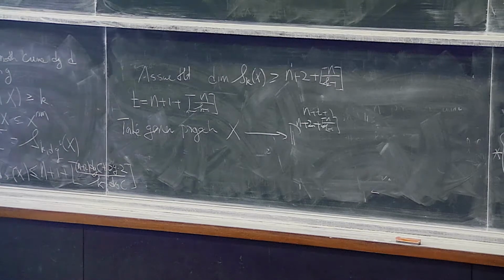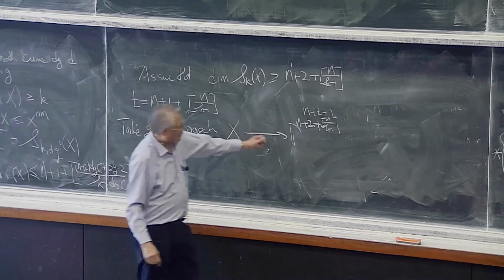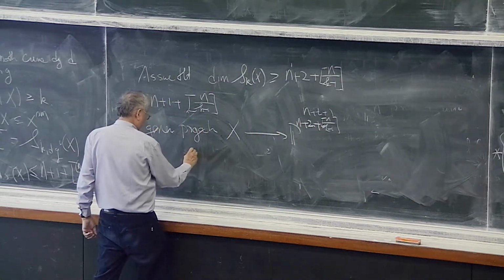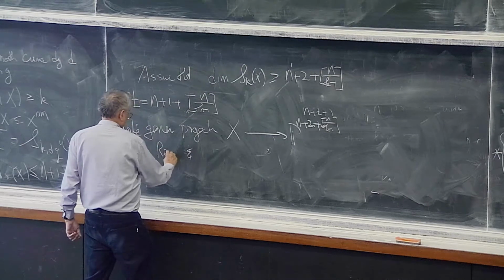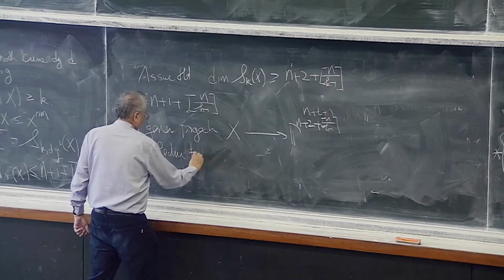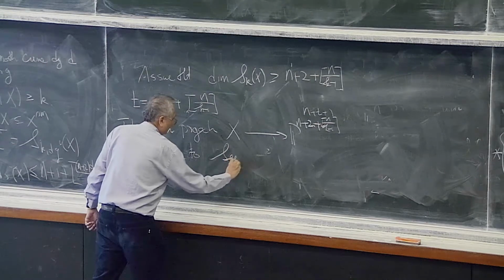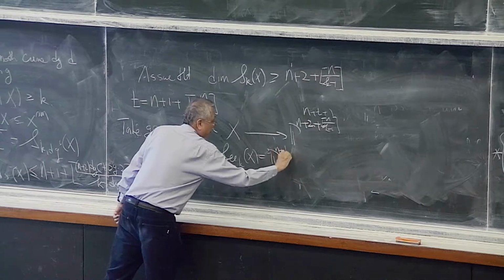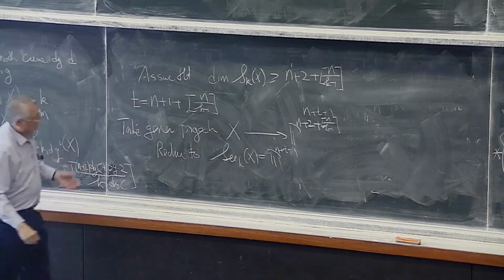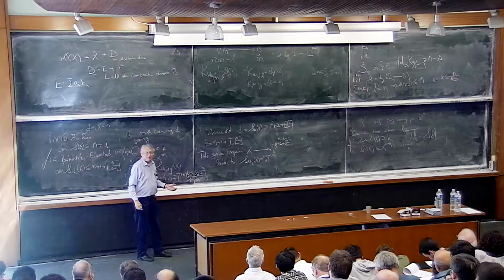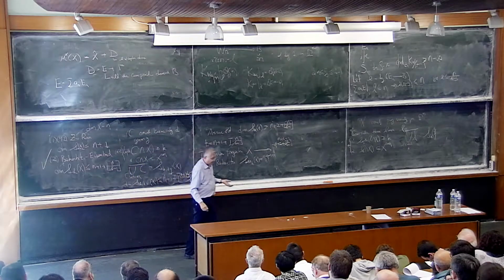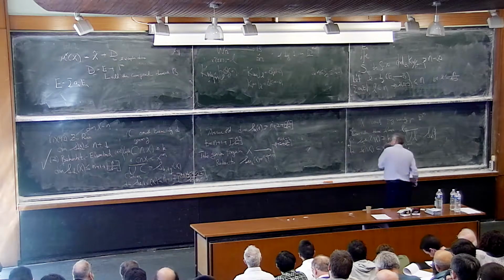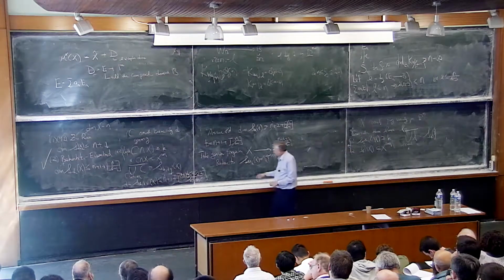And you can reduce to the case that X is sitting inside this projected space, and the dimension of the secant variety is equal to the dimension of the projected space. Just because a generic projection of a line is a line, if L intersect X is in the smooth part, then a generic projection also preserves this property. Right? So we reduce to this case.